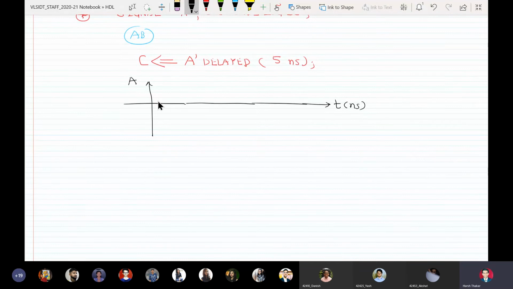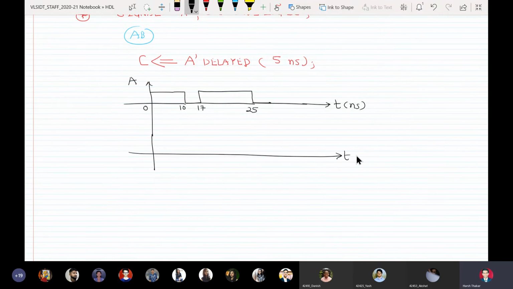This is my signal A. Okay, and if my signal A goes like this, 0, 10, 17, 25. So then my signal C will be a delayed version of A with a bias of 5 nanoseconds.